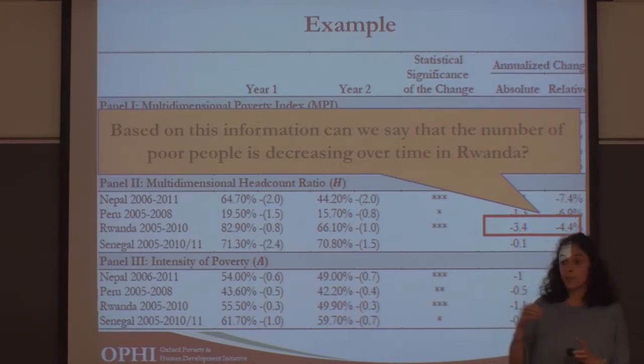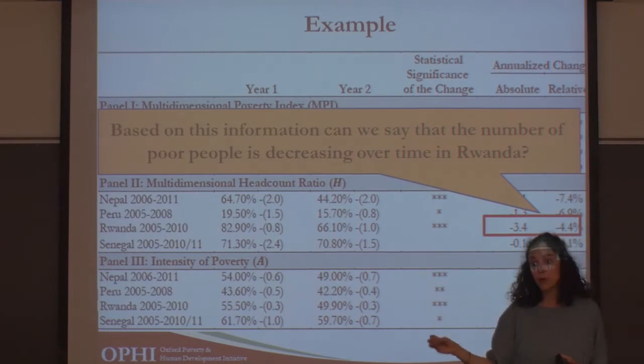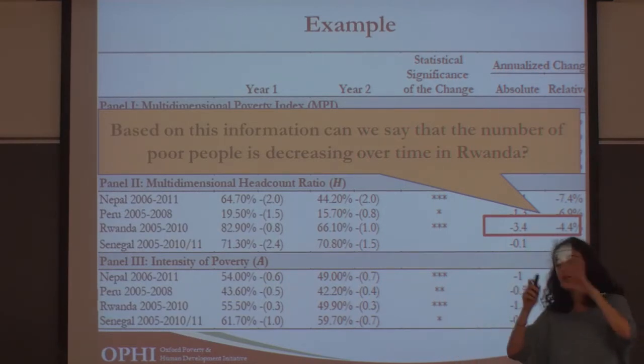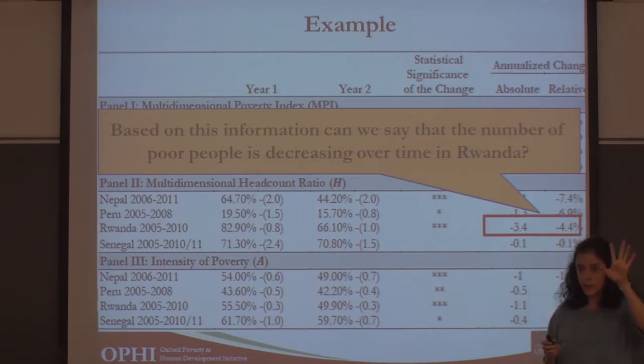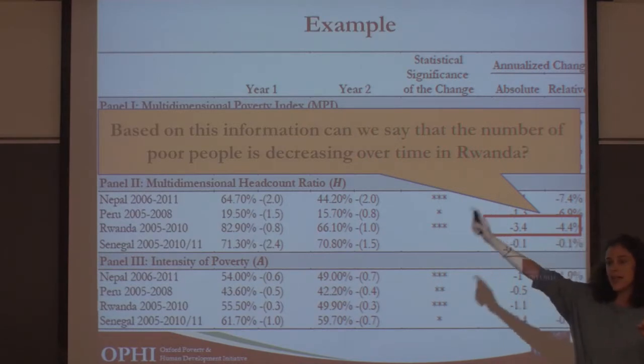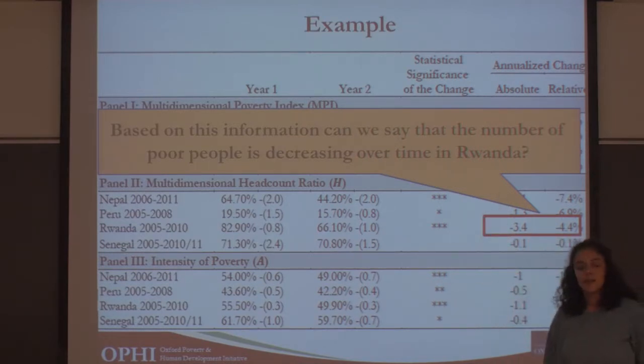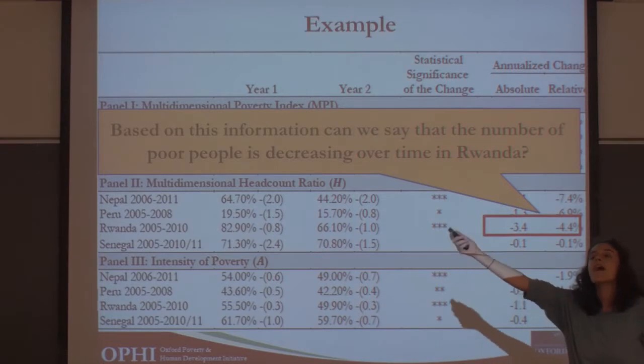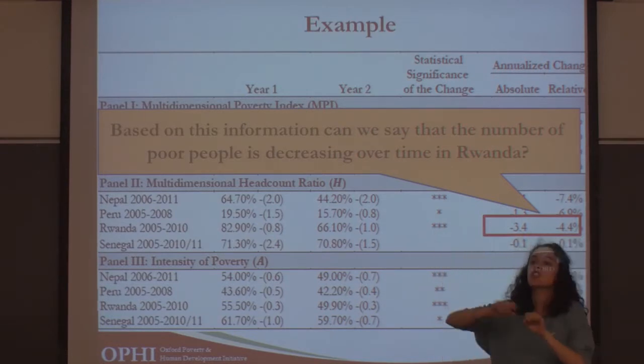So the proportion of poor people might decrease between the two periods. But if my population before was 10, and I had only 2 people who were poor, okay, so I have 20% of poverty. And then in the end, the population grows to 100.